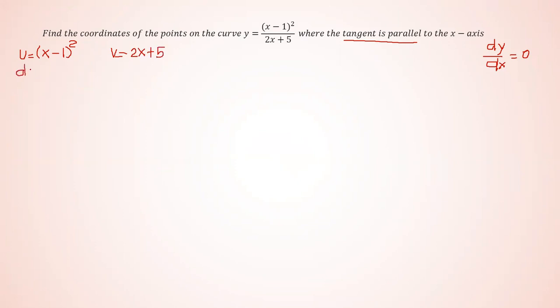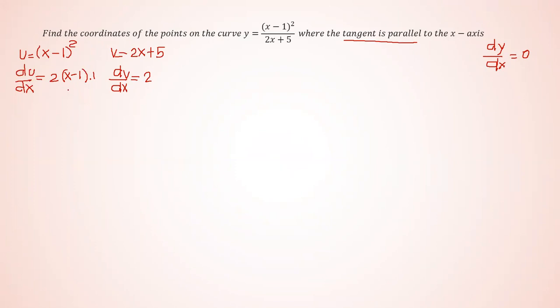So du/dx, according to the chain rule, is going to be 2 times (x minus 1) times 1, and dv/dx equals 2.